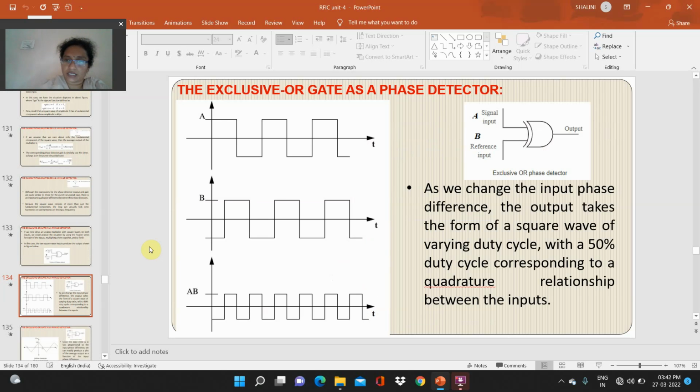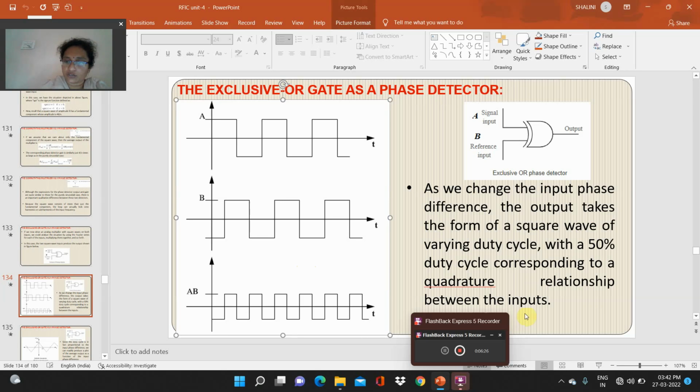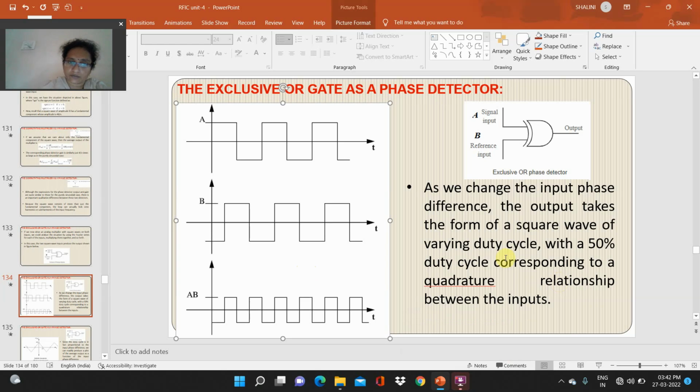As we change the input phase difference, the output takes the form of a square wave of varying duty cycle, with a 50% duty cycle corresponding to a quadrature relationship between the inputs.